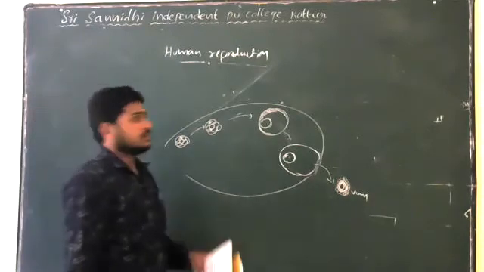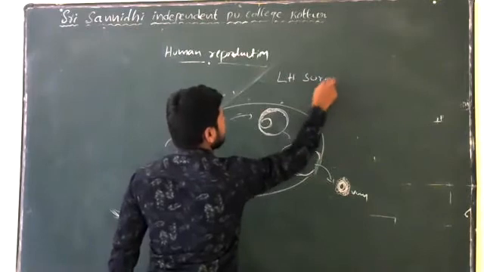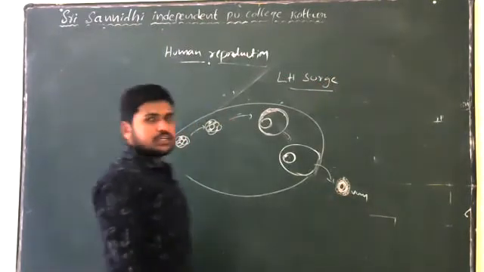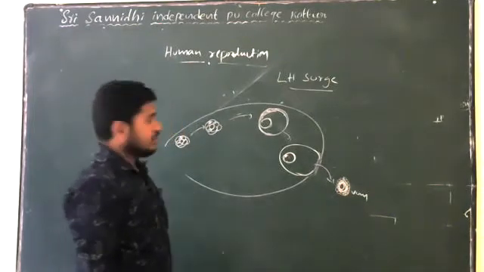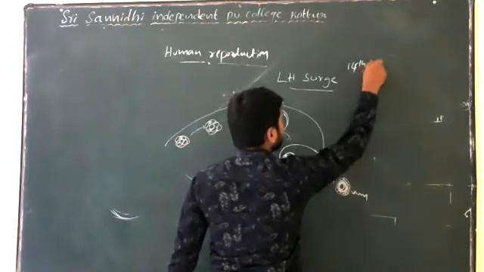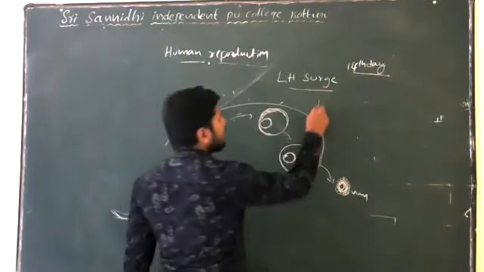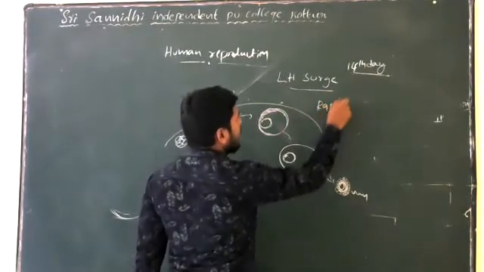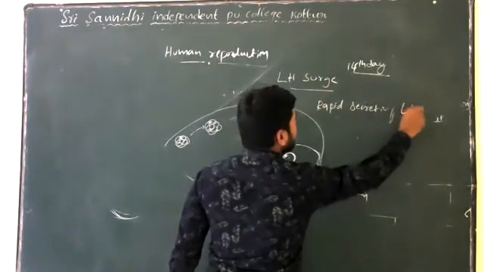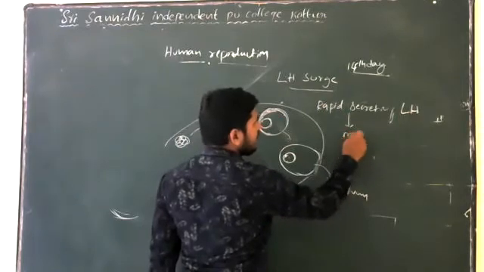LH surge, they have given. What do you mean by LH surge? You know, LH surge means during the menstrual cycle, during the 14th day of the menstrual cycle, there is a rapid secretion of luteinizing hormone leading to its maximum level.